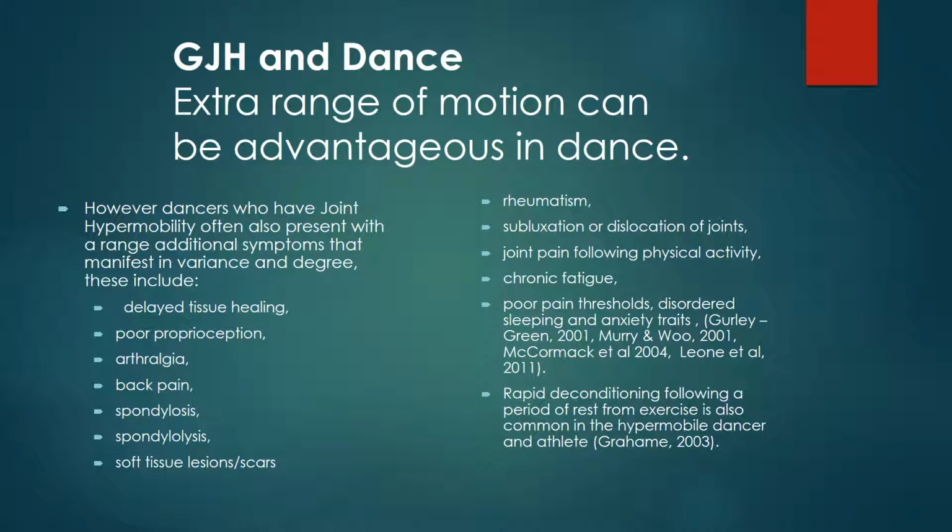However, dancers who have joint hypermobility often also present with a range of additional symptoms that manifest in a variance and degree, and these include delayed tissue healing, poor proprioception, arthralgia, back pain, spondylolysis and spondylolisthesis, soft tissue lesions and scars, rheumatism, subluxation or dislocation of the joints, joint pain following physical activity for no known reason, chronic fatigue, poor pain thresholds and disordered sleeping and anxiety traits, and rapid deconditioning following a period of rest from exercise, and this is also common in the hypermobile dancer and athlete.